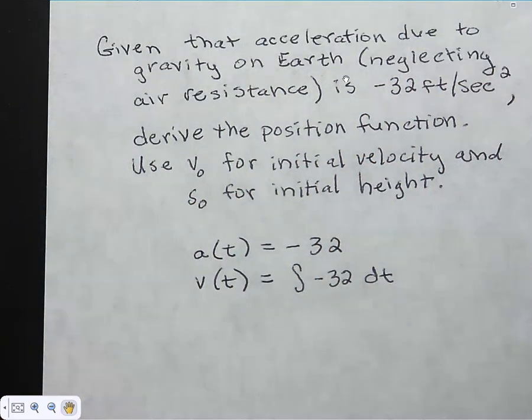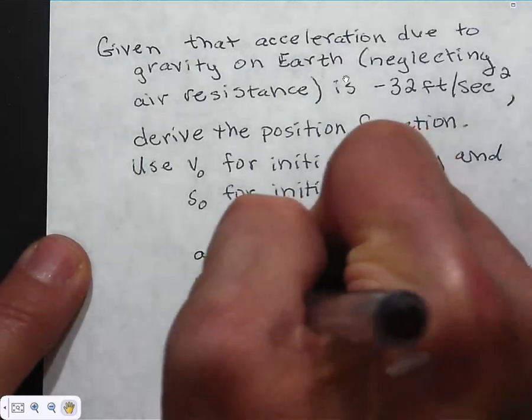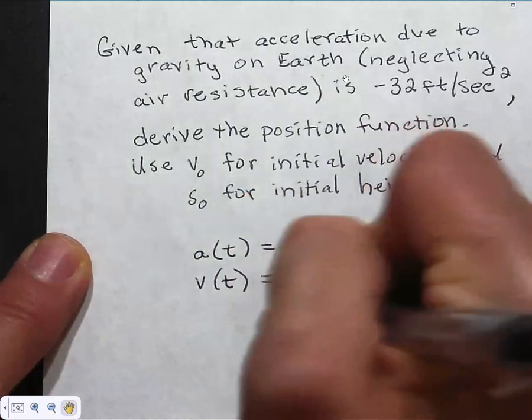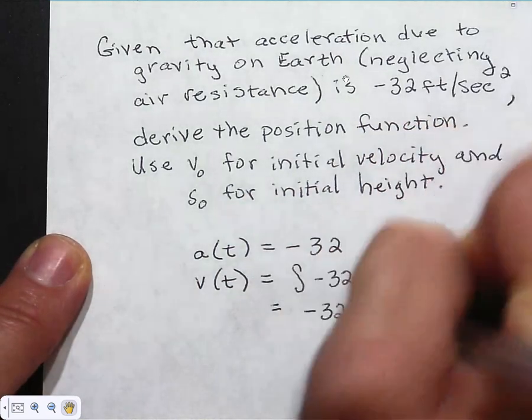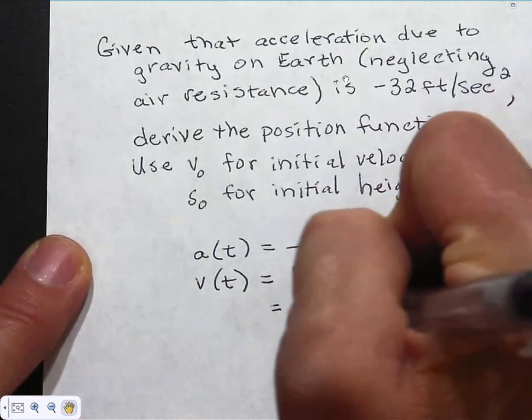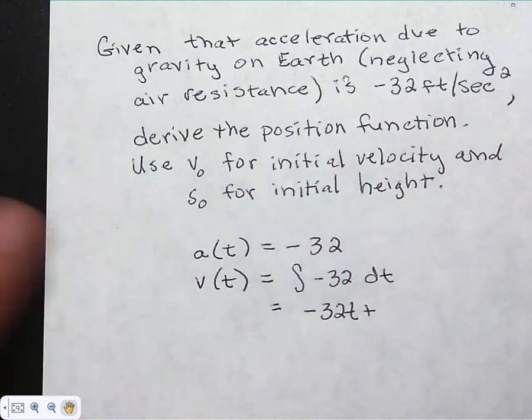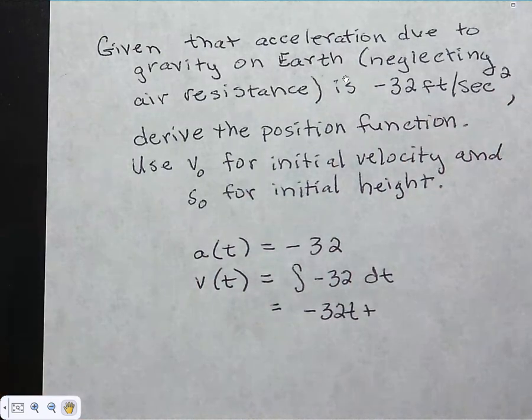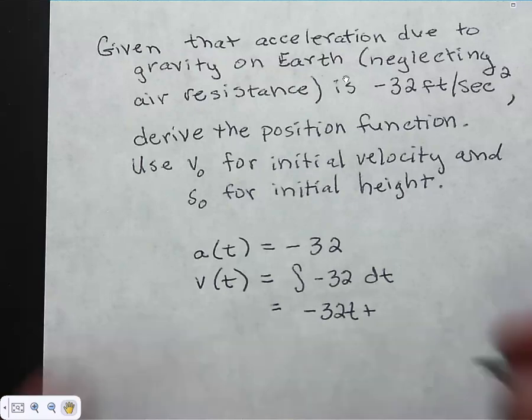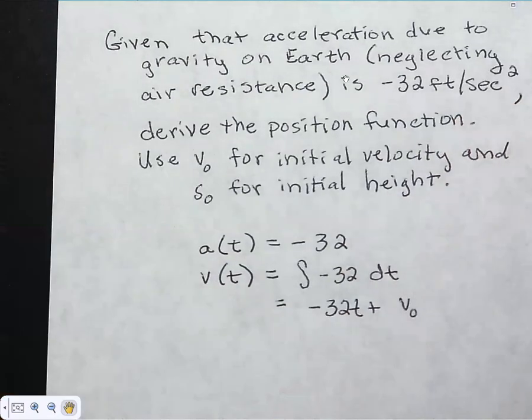And what is the antiderivative of -32? -32t plus some constant, and that constant is my initial velocity. It's the velocity with which the object was thrown or dropped. If the object was dropped, the initial velocity is just 0, but if it was thrown with some force, then let's say the initial velocity is v sub 0, because that's the symbol that we were told to use.